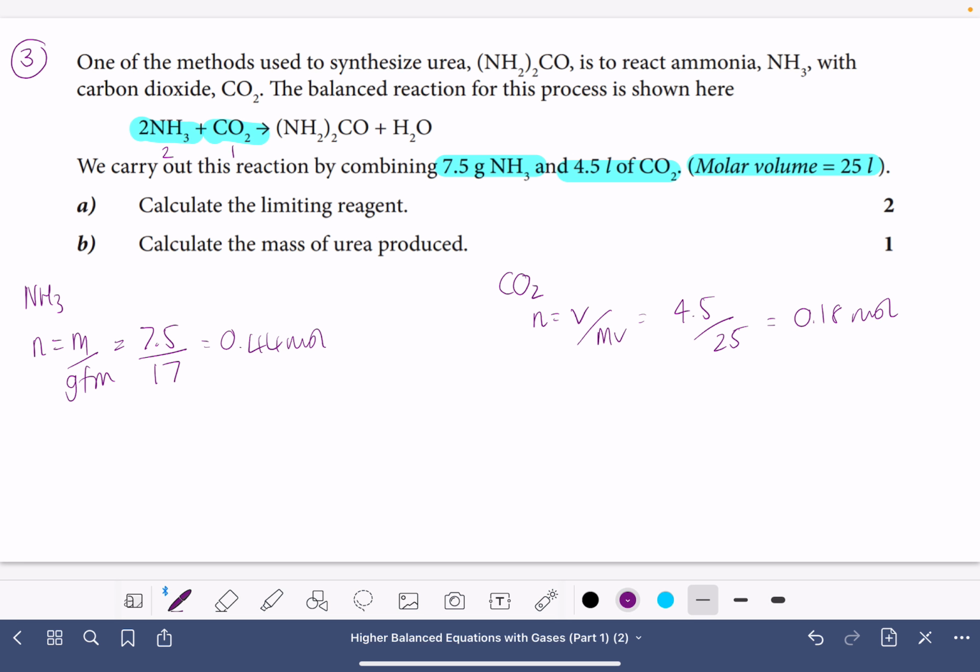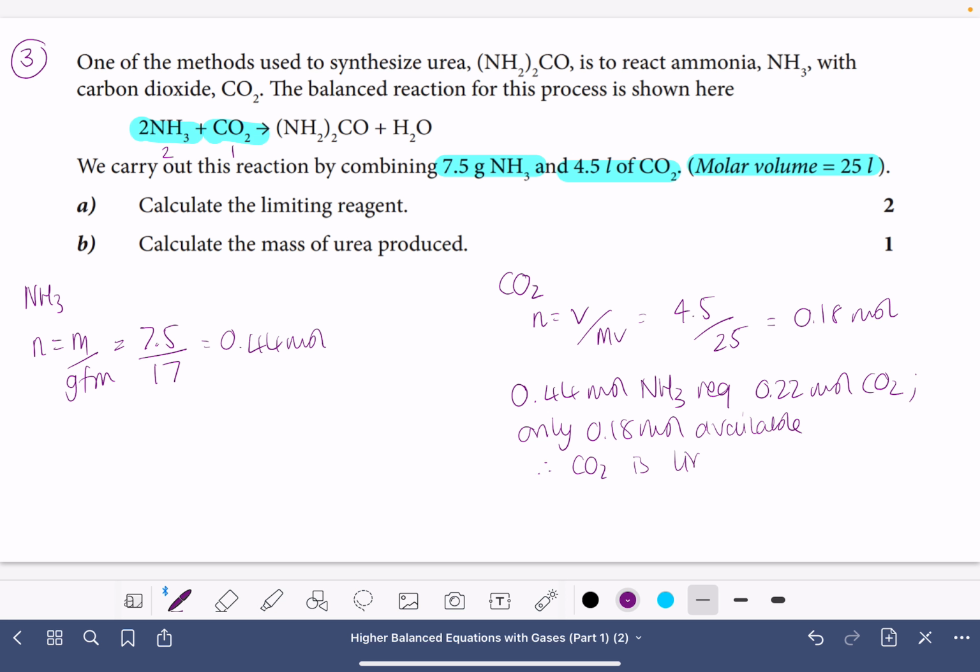So I'm just going to write down that 0.44 moles of ammonia requires 0.22 moles of carbon dioxide, only 0.18 moles available, therefore carbon dioxide is limiting. That means it is controlling how much product can be generated. It's the limiting reagent. So ammonia is in excess, carbon dioxide is limiting.